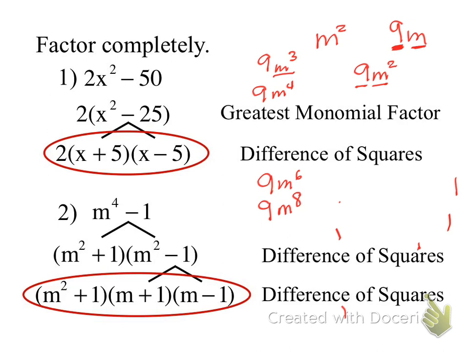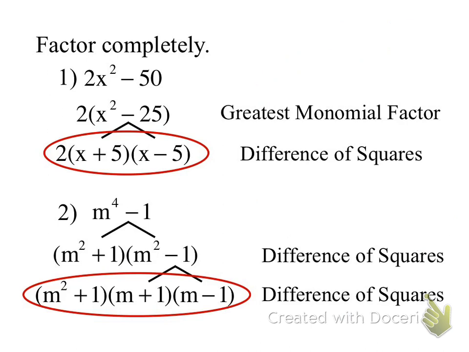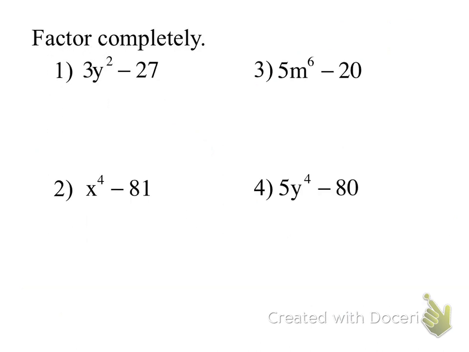If you have something like m squared minus mn, could you just factor it? In this case, we would have to GCF first, right? And then I'm left with, what if we had this?